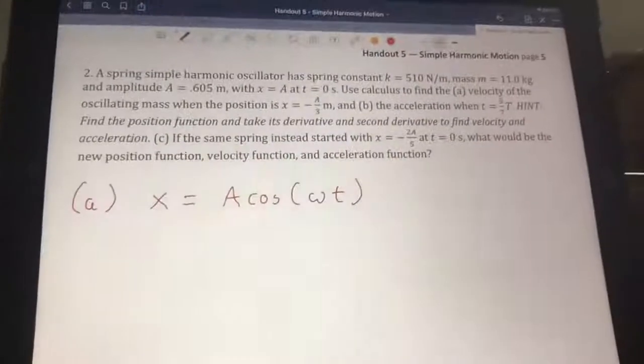It's a spring, so it'd be x equals A cosine omega t. That's your time-dependent position function for a spring oscillator. Then in part A, we're also asked about velocity, so you're going to want the velocity function as well. So velocity is negative omega A sine of omega t, and let me make clear that that's the first derivative.